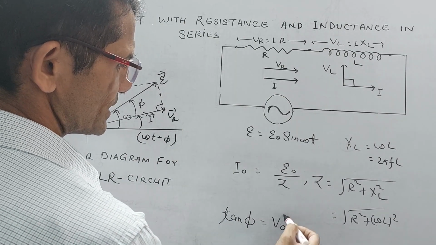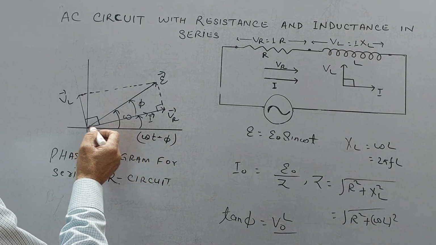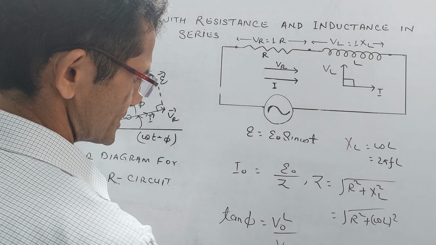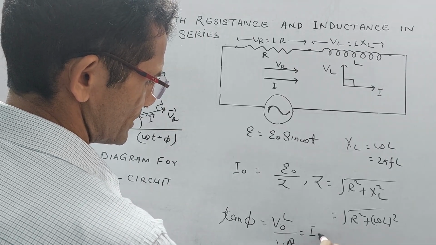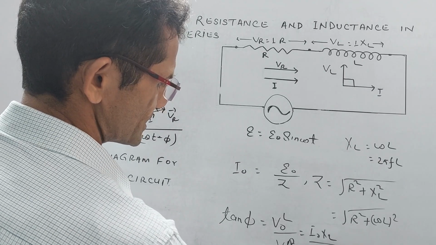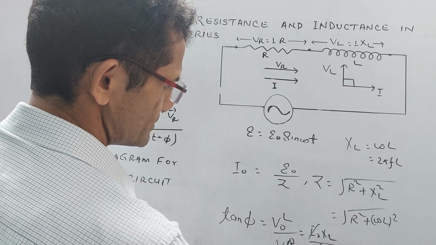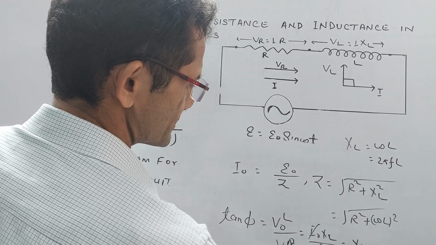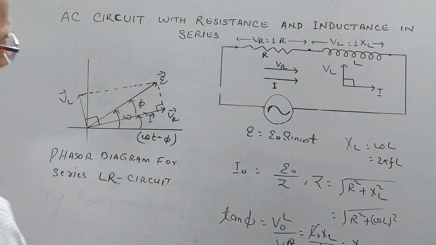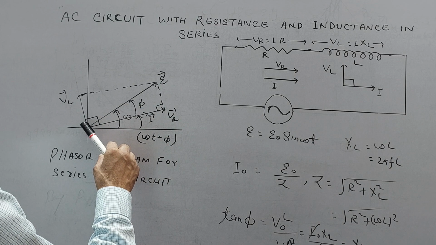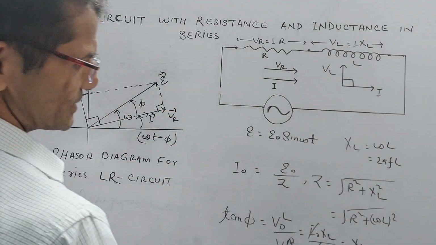In terms of the amplitude, it is the voltage across the inductor divided by the amplitude of voltage across the resistor. So its value is I naught XL divided by I naught R. After cancellation, I will have XL divided by R. So the angle phi between the current amplitude and the net EMF amplitude will be found out from this.